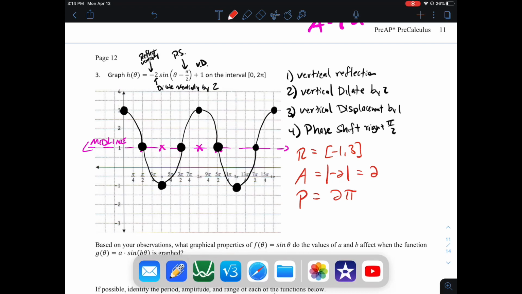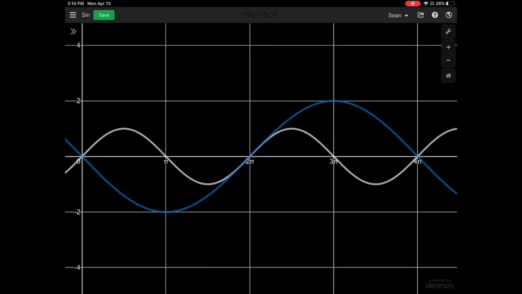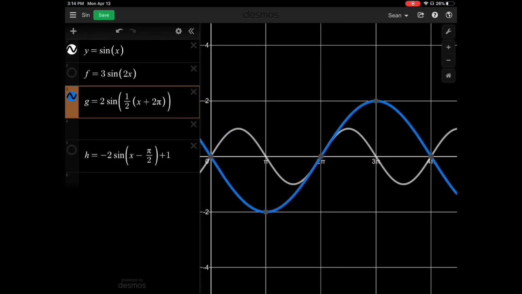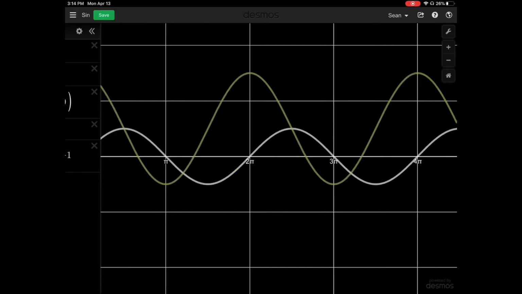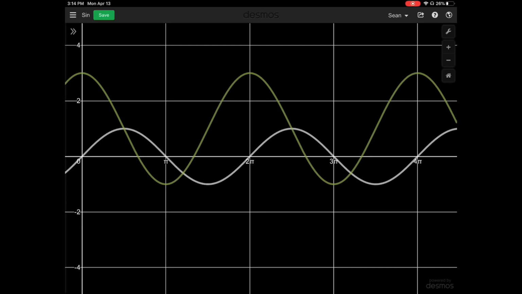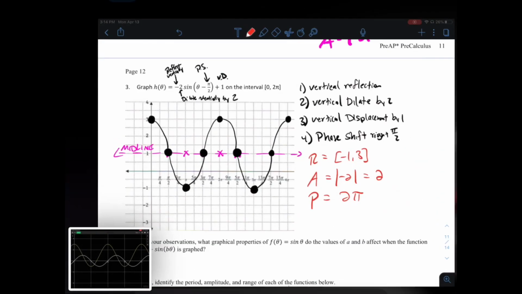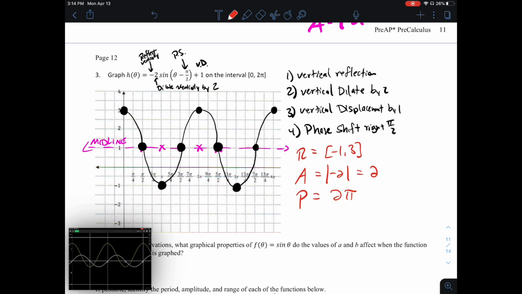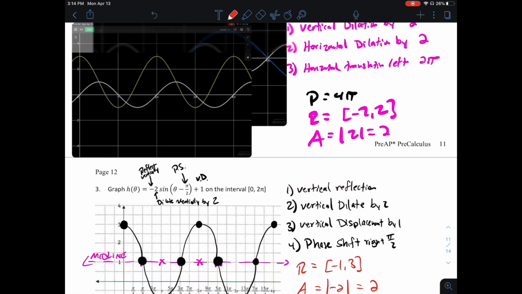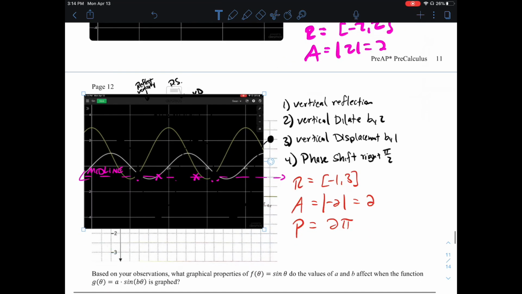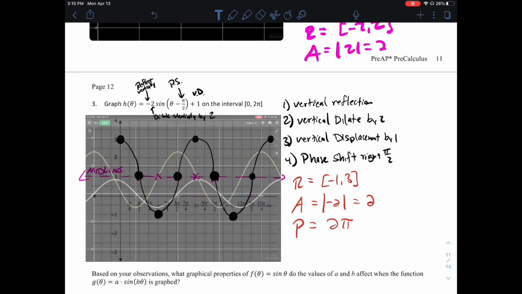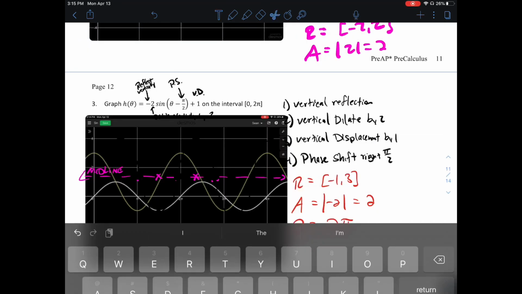So we pull this graph in from Desmos. Again, I like to have the parent graph on here as well to compare them.